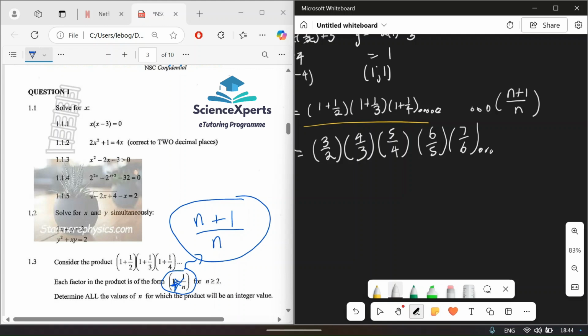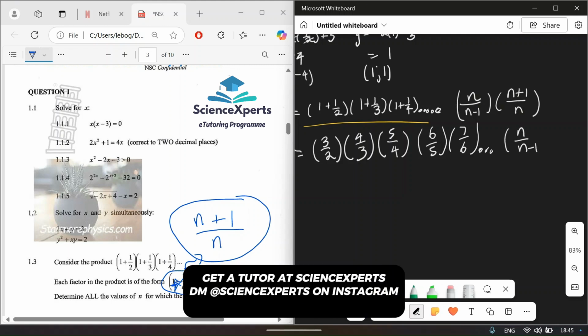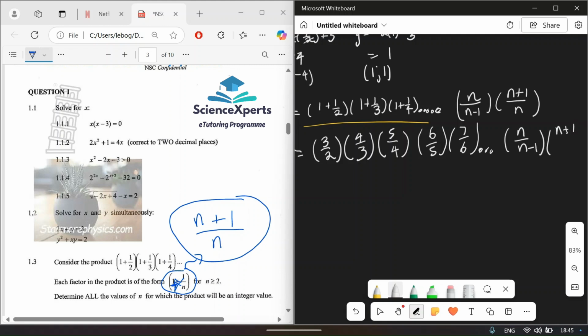Remember, n represents the position, so the term before the last term will be n minus 1 plus 1 over n minus 1. So n minus 1 plus 1, that's the same as n on the numerator. I can write this as n over n minus 1 times n plus 1 over n.